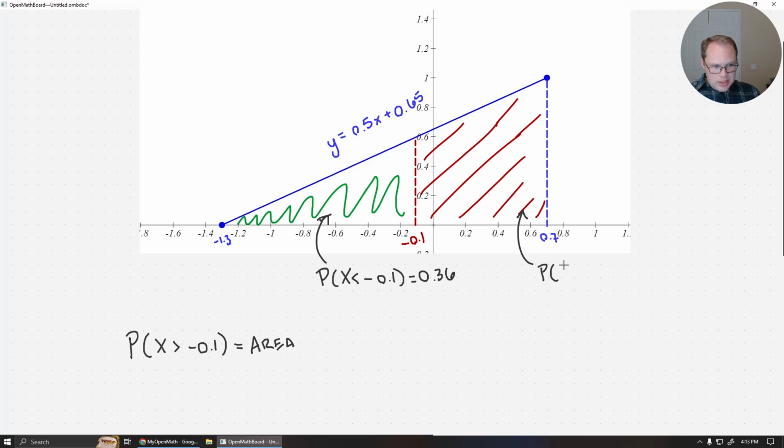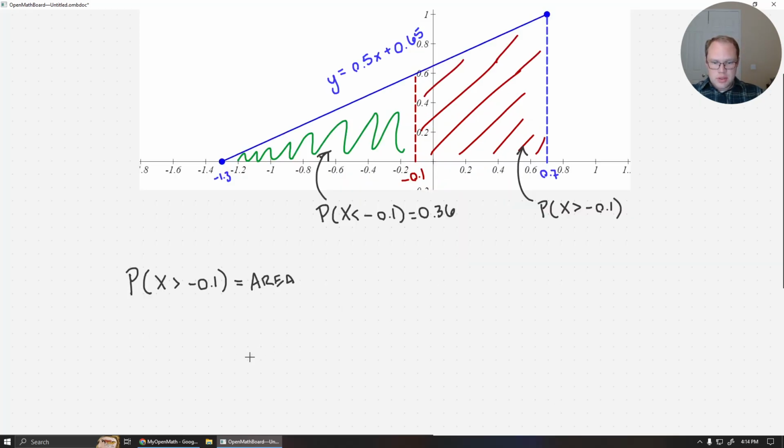That's the probability that x is greater than negative 0.1. Together, that's all the area that's underneath that function, right? And so together, what must they be equal to? Probability that x is less than negative 0.1 plus probability that x is greater than negative 0.1. That's got to be equal to 1, or 100%, right? Because it fills that whole space.